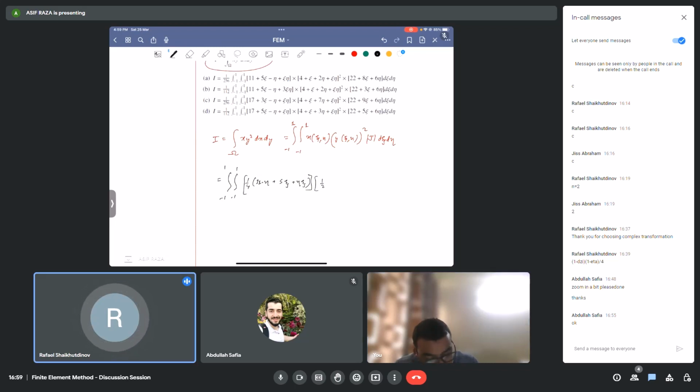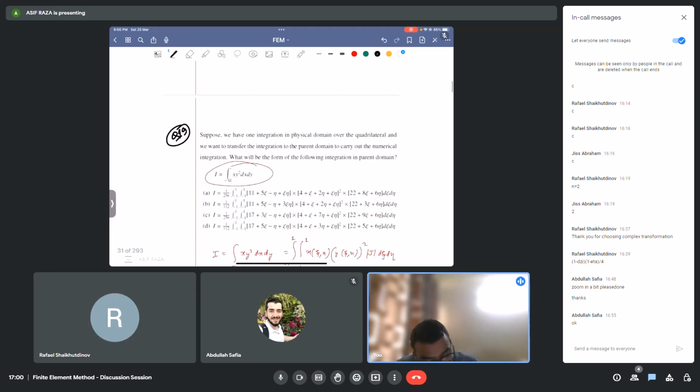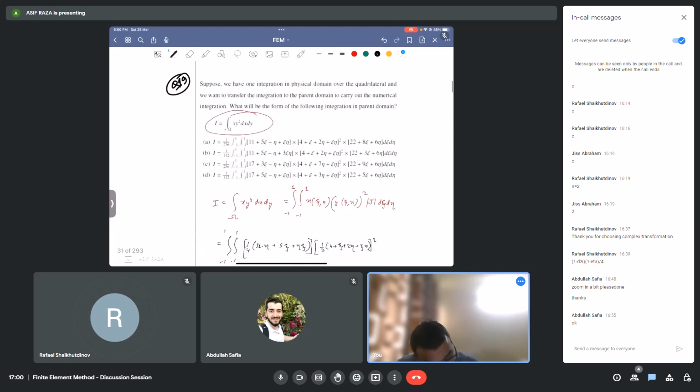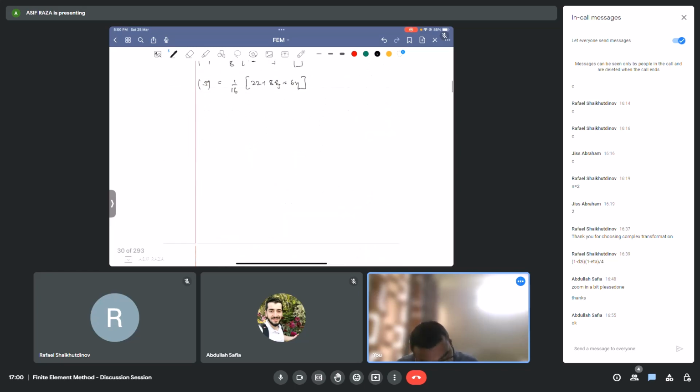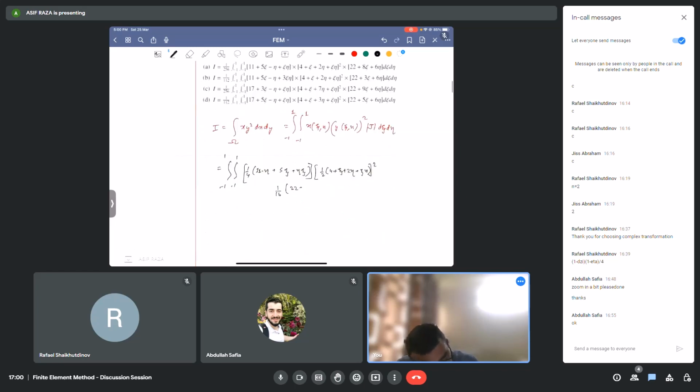Can we discuss one point here about just how we're choosing number of points in the integration? One minute, if you have. The Jacobian was 1 upon 16, 22 plus 8 xi plus 6 eta, and integrated over xi eta, and you guys can calculate this.